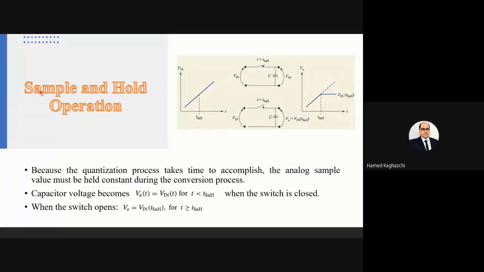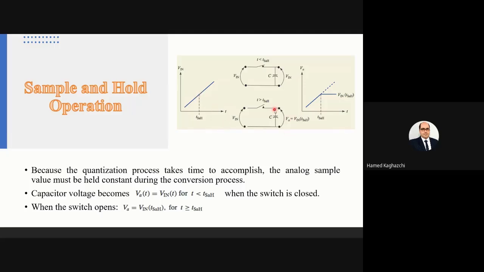Let's talk about the sample and hold operation. Look at here, sample and hold operation. Suppose that this is my input voltage which changes linearly according to the time. At this time, I want to sample and hold this value.